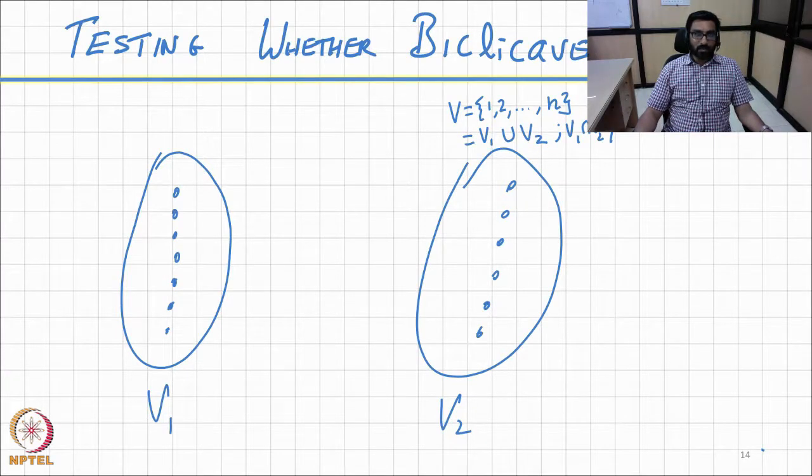Well, we need to test whether the graph is a biclique. And so what is a biclique? Well, we should be able to partition the vertex set V into subsets V1 and V2 such that, of course, they don't intersect, and the union of V1 and V2 is the entire vertex set.